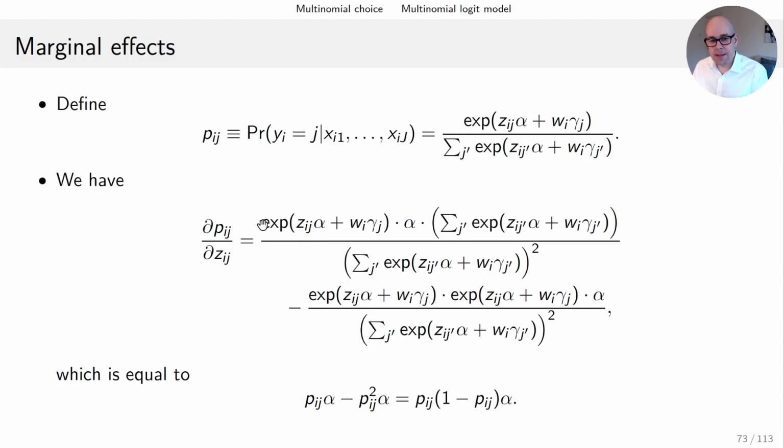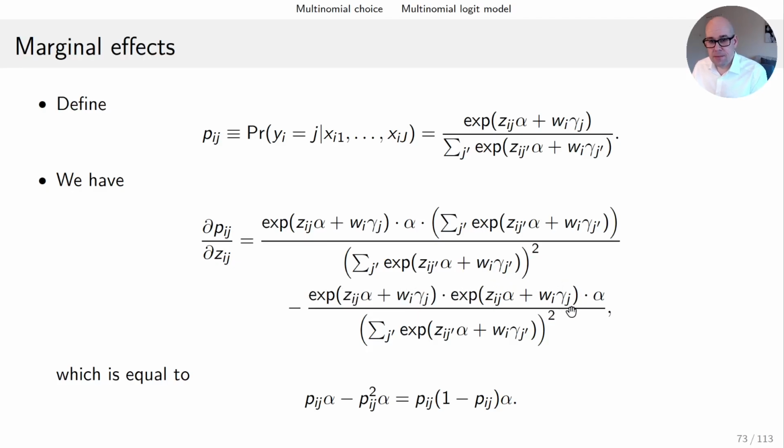So what we'll get is the outer derivative of the numerator times the inner derivative. That would be the derivative of this expression here with respect to Zij, so that's just alpha times the denominator. And I've split this up into two parts. So here we have the denominator squared already, and then I have minus the numerator times the derivative of the denominator with respect to Zij.